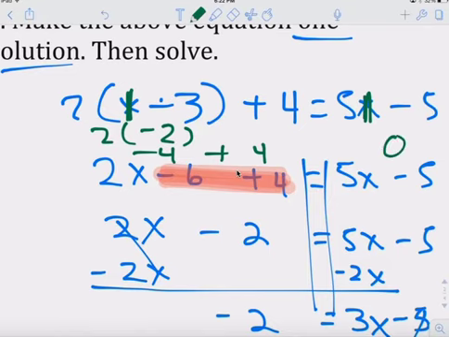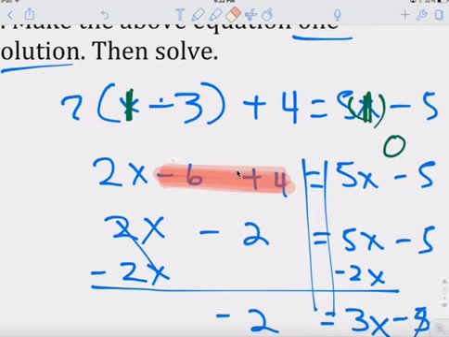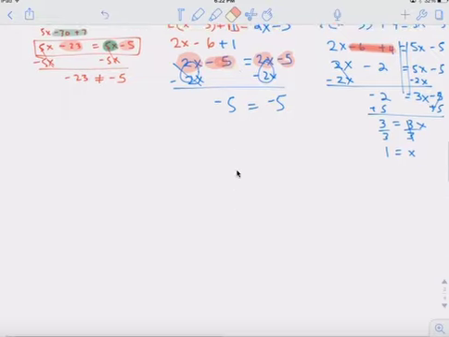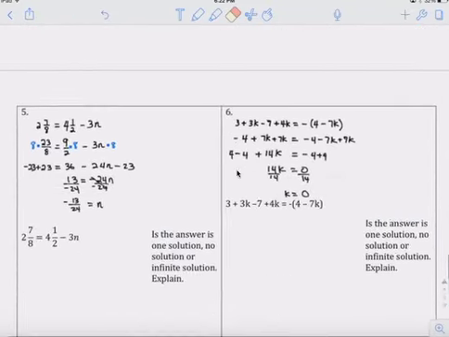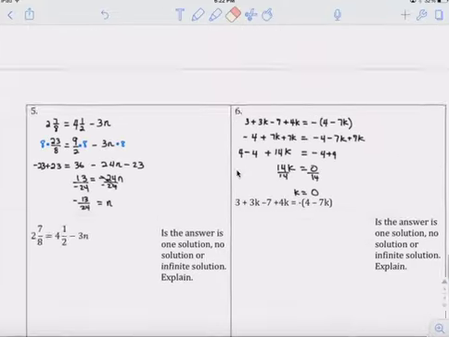And this side is also 0. 0 is equal to 0. Any other number will not make both sides the same. But there's one number that will. In this case, it is a 1. Okay? And then the other videotape has the answer to this. Just skip the ones we did.